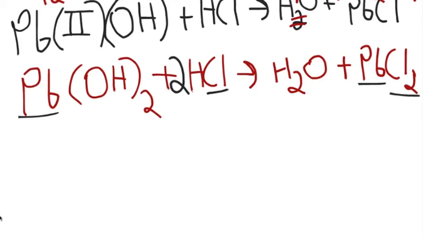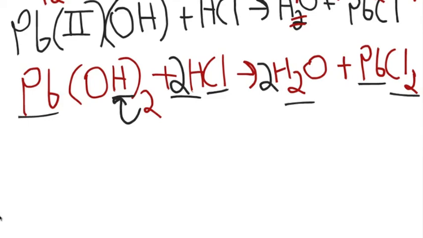Since in this case hydroxide did not stick together, this is when we're going to distribute this subscript to each individual ion of the complex ion. So, on my left, I have 4 hydrogen. On my right, I only have 2. So I'm going to multiply the one on the right by 2. Now I have 4 hydrogen on each side.